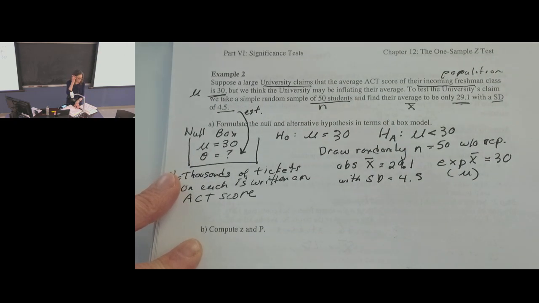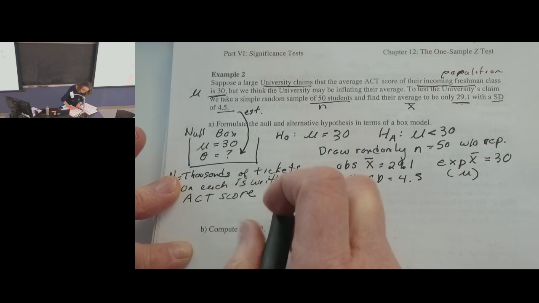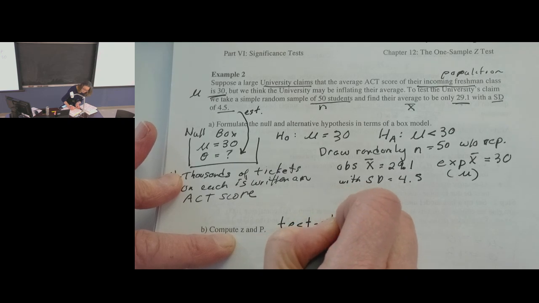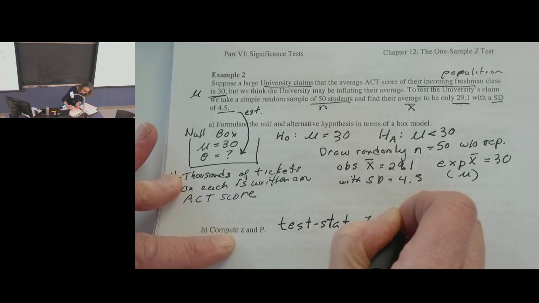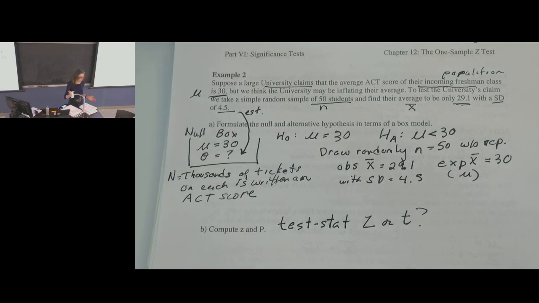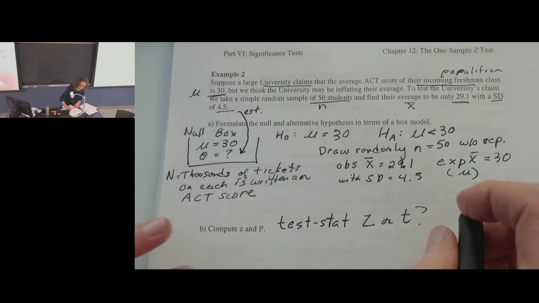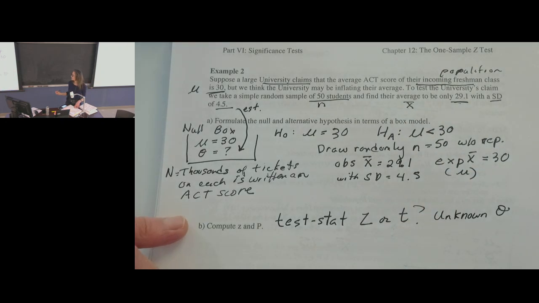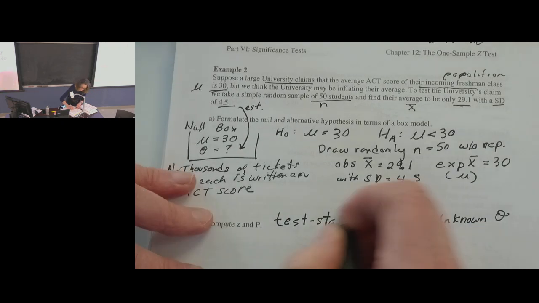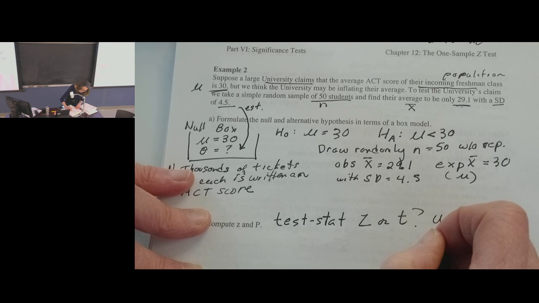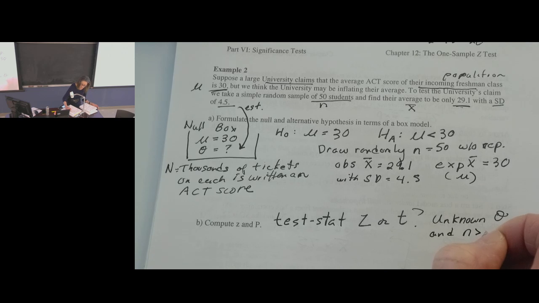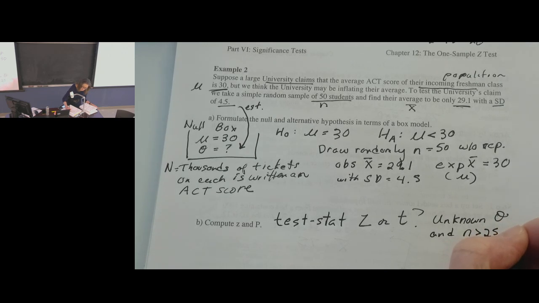Well, we have to get a test statistic. So what's our test statistic going to be? I said compute the z test statistic, but why? If I asked you, would it be z or t? How do you know? Well, we have an unknown sigma, so it could be either. We have an unknown sigma, and we have a large sample size for the purposes of our course, n greater than 25, so we can use either.